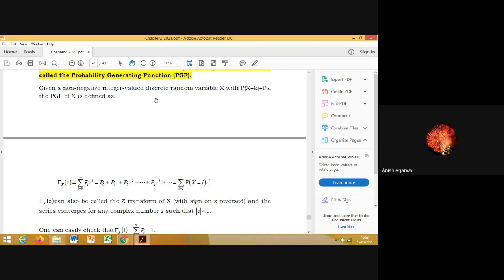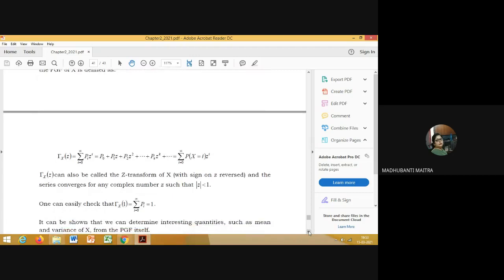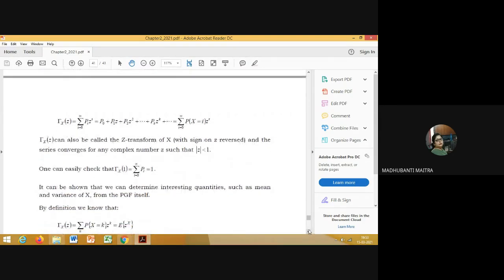Let's see whether we can work with this. We can work with the previous one as well, but it will be easier to use this particular form.